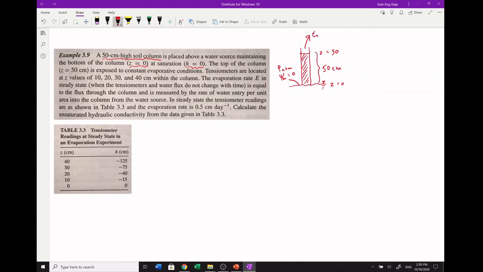So EA is a constant. Constant evaporation. And then what else? Tensiometers are located at Z10, at 10, 20, 30, 40, and 50.